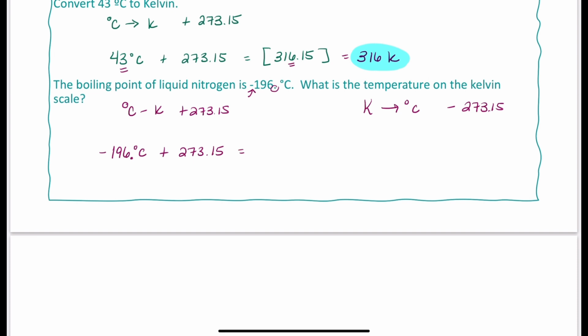When I calculate this out, I get 77.15. Notice though, what are my sig figs? This is precise to the ones position. This is precise to the hundredths. My final answer can only be precise to the ones position. So my final answer will just be 77 K, or 77 Kelvin.